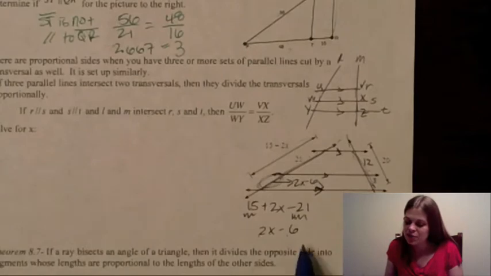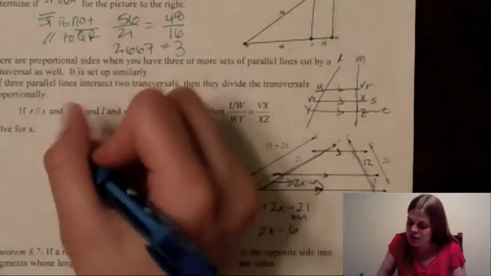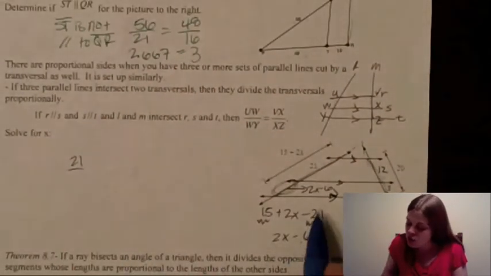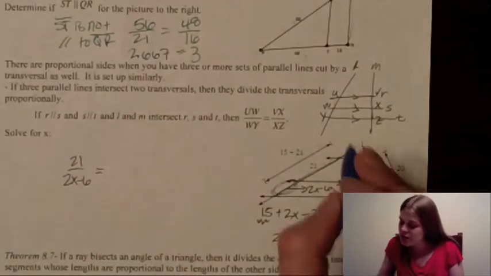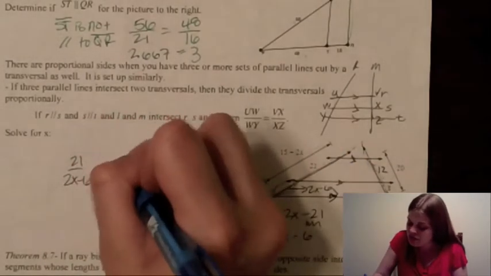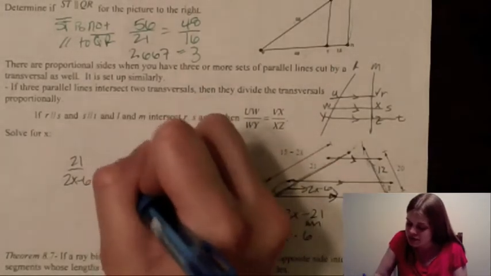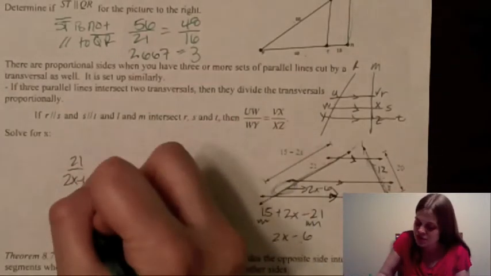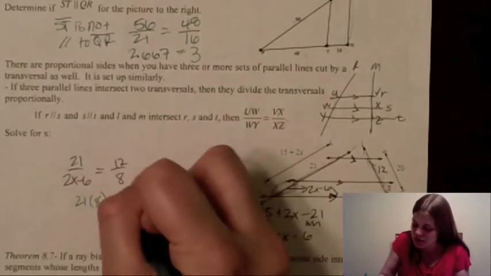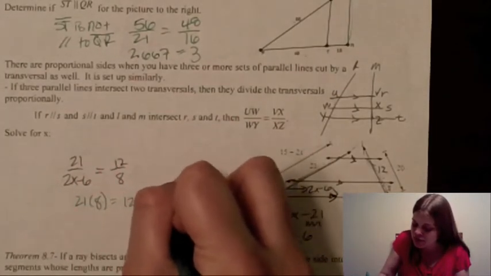So when I set up my proportion, I'm going to do 21 over the 2x minus 6 is going to be equal to the 12 over the 8. Okay. So I'm going to cross multiply to solve, so 21 times 8 equals 12 times 2x minus 6.